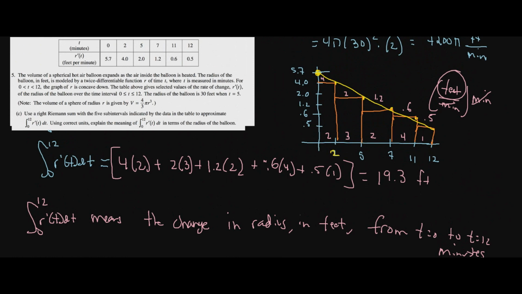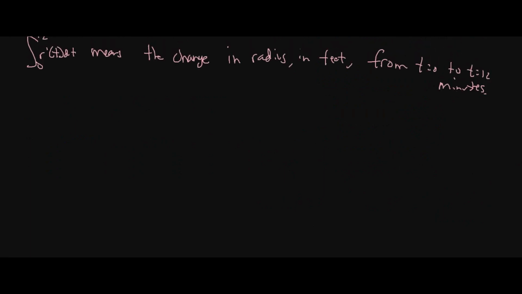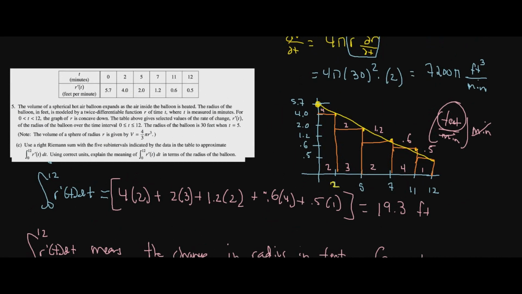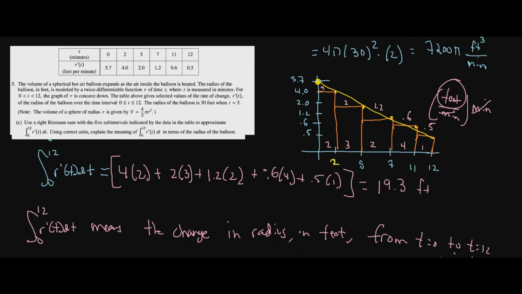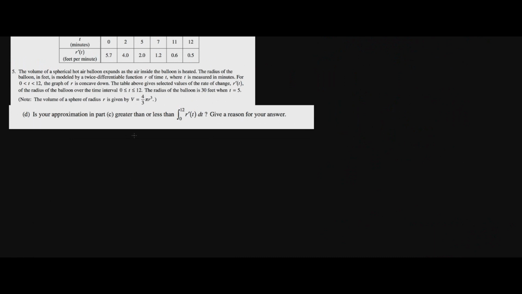Well, if we go back up here, first of all, we can already tell that our approximation is going to be an under approximation. It's going to be less than. You can look at the graph. We're missing area. And we can even add the fact that the graph of R is concave down.